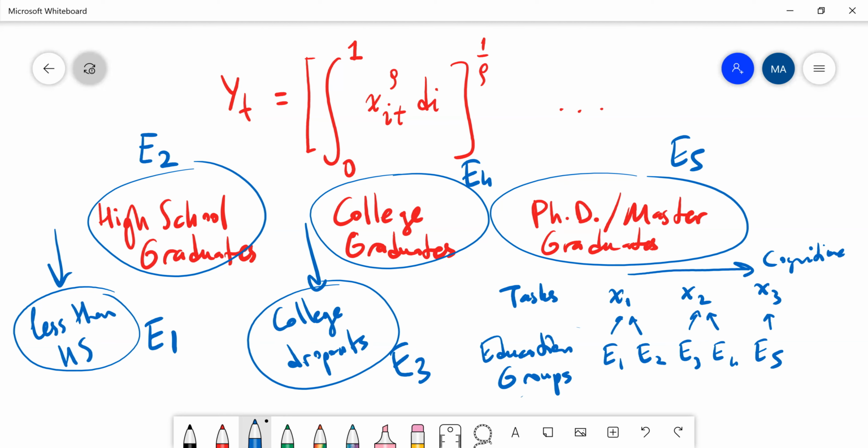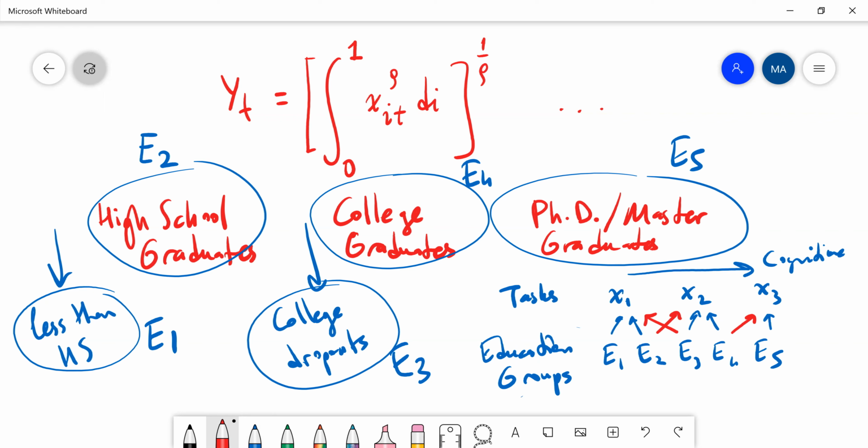But it is also possible that E2 can be serving that task as well, or E4 could be serving that task as well, and E3 also could be serving. So there is competition as well, right, between people from different education groups.